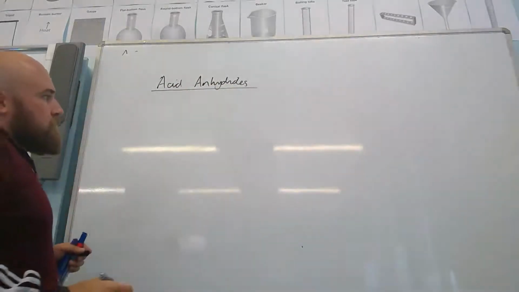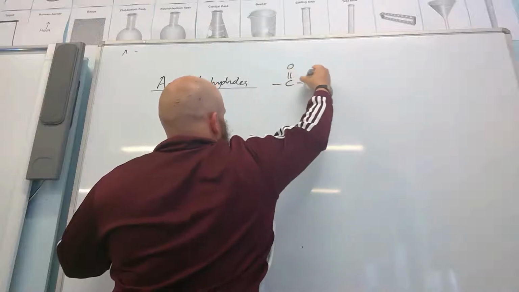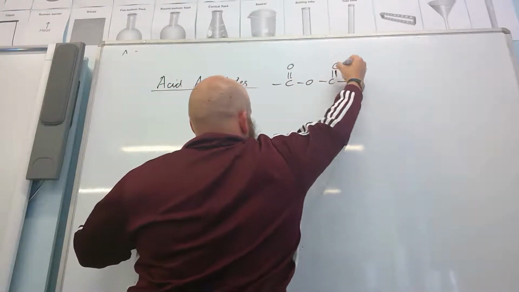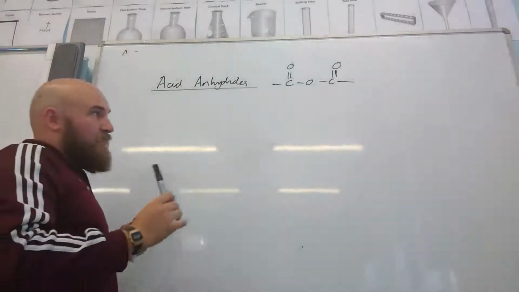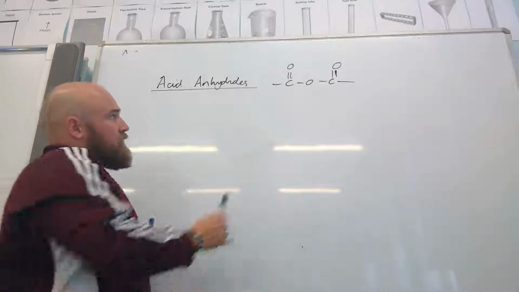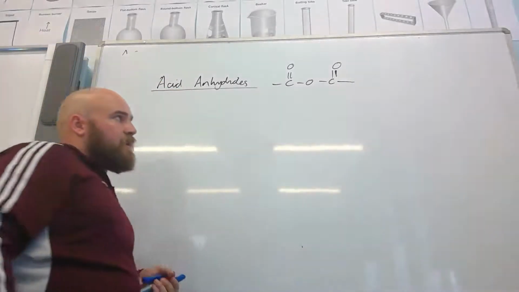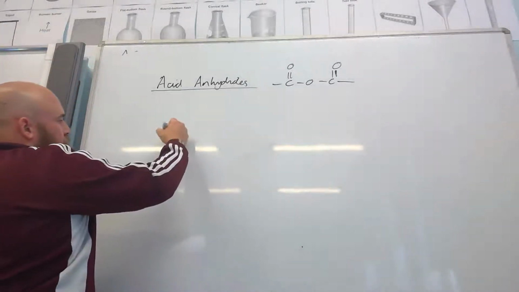The acid anhydrides have this group, so they have that somewhere in the chain. There could be a methyl group there, there could be an ethyl group there, and we'll talk about how we'll name it in a second. So let's have an example.